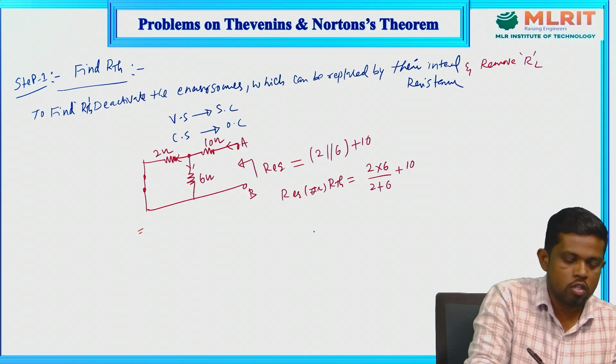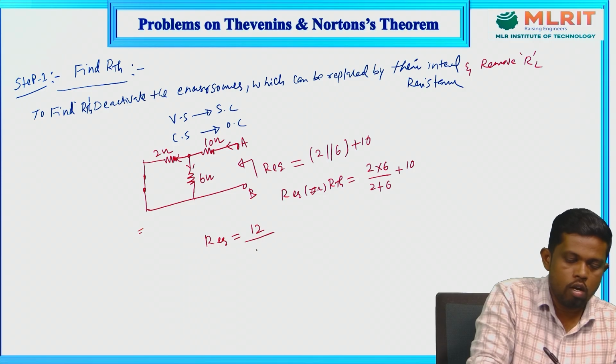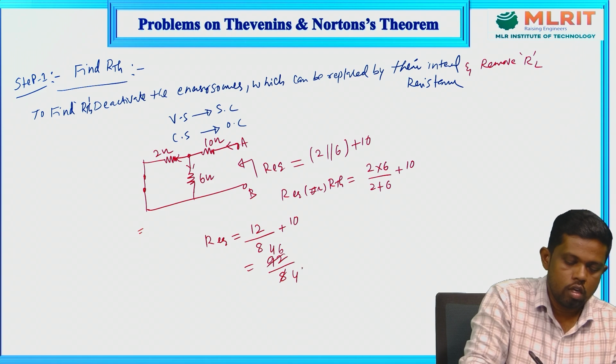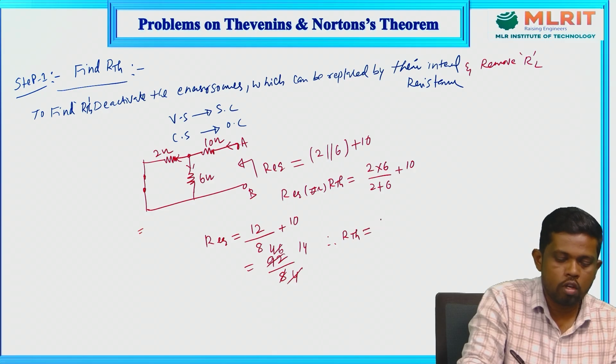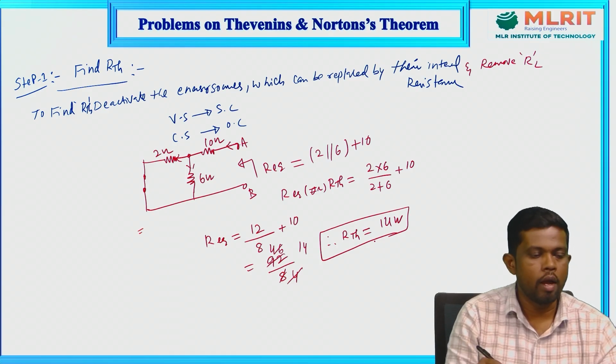Therefore R equivalent equals 12 upon 8 plus 10, which is 92 divided by 8... so 12 upon 8 is 1.5 plus 10... finally, the Thevenin resistance value of the above network is 14 ohms. This is the RTH value.